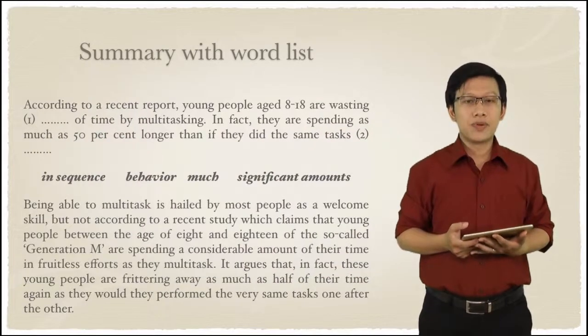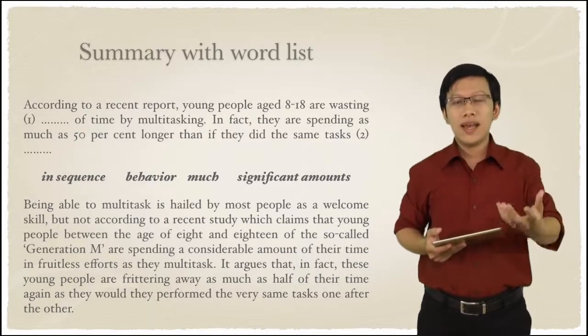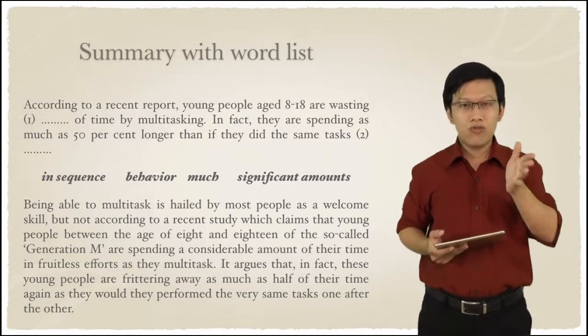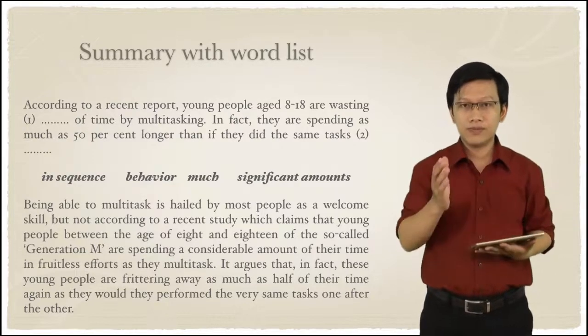Now we're going to do a little practice with question 1 and 2 and the passage below. We have 4 words. I want you to read very quickly and fill in the blanks. Now, here we go.